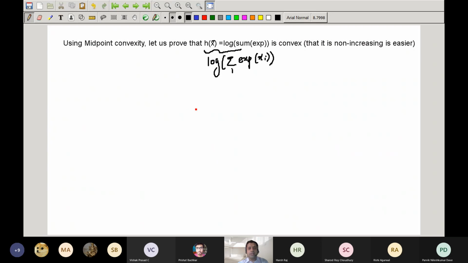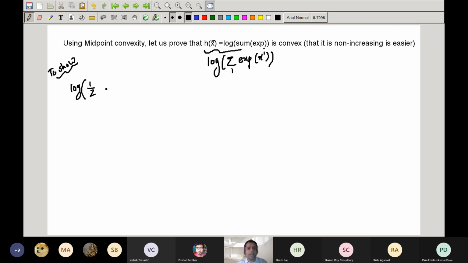So what we want to show is the following. Let's use a superscript for x_i here, because there are multiple x_i's, and I need to use x1, x2 for the midpoint convexity result. The innermost expression we are dealing with is x_i^1, x_i^2, and so on.